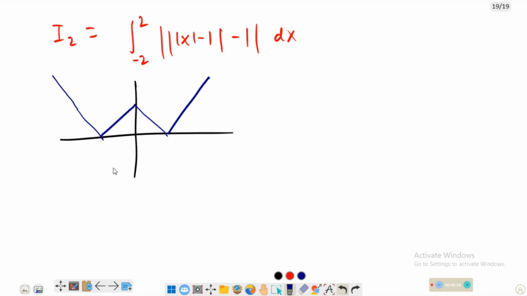We need to subtract 1, so my x-axis becomes this line, because I subtract 1. Then we need to take the full mod, so the portion below the x-axis goes above the x-axis. It behaves like that.